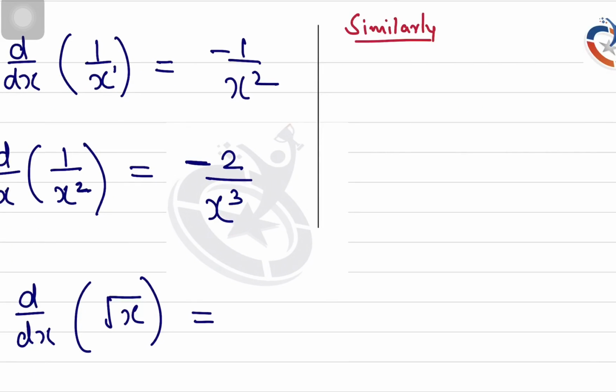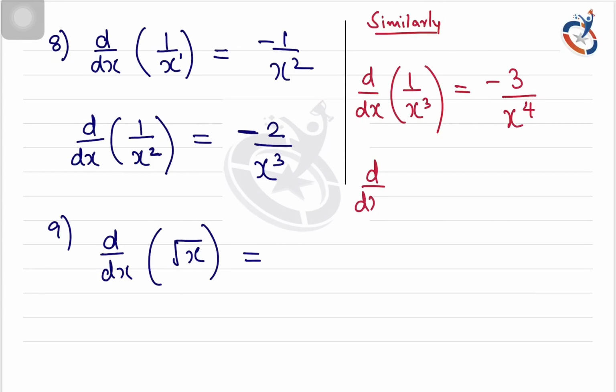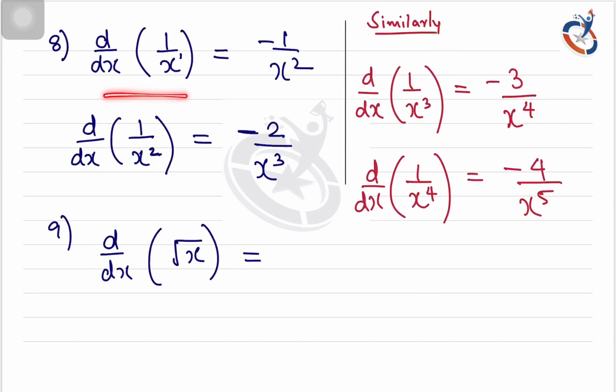Similarly, what is the derivative of 1 upon x cube? That will become minus 3 upon x raised to 4. The derivative of 1 upon x raised to 4 is minus 4 upon x raised to 5, and so on.